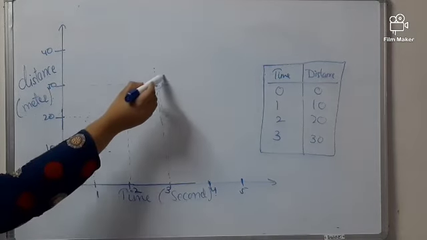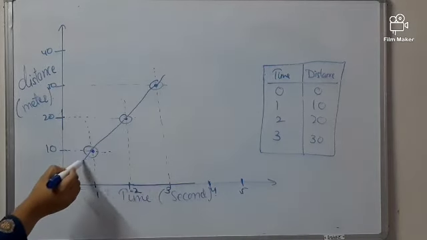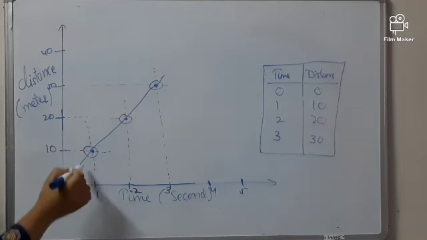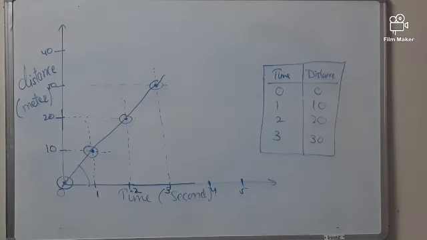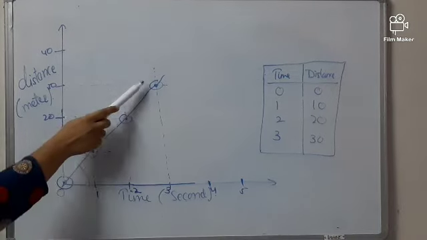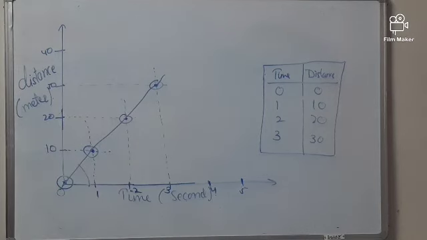Now when you join all these dots, you get a straight line but inclined to the time axis. This straight line tells you that there is uniformity. And it is inclined, so distance is changing from 10 to 20, then 20 to 30. It means it is in motion also. So this is the distance time graph for uniform motion.